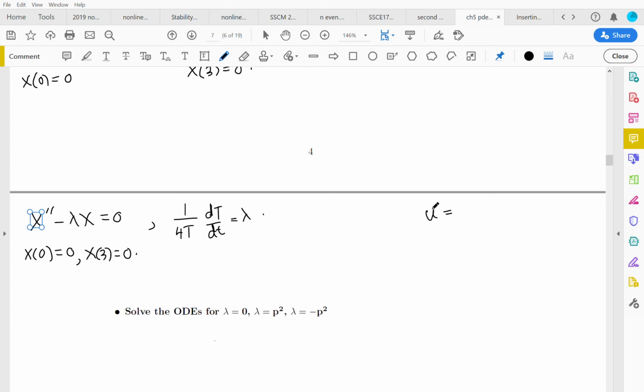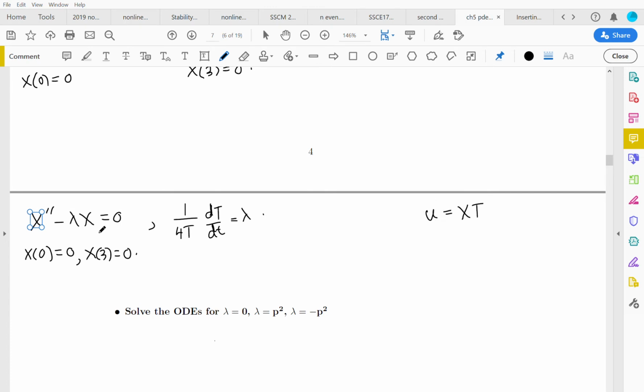At the first step, we assumed that the solution u is equal to x multiplied with t. So by solving the ODE for x, we will be able to get the solution for x. Solving the equation for t, we are able to get t. So we multiply them, and finally we will get the solution for u.